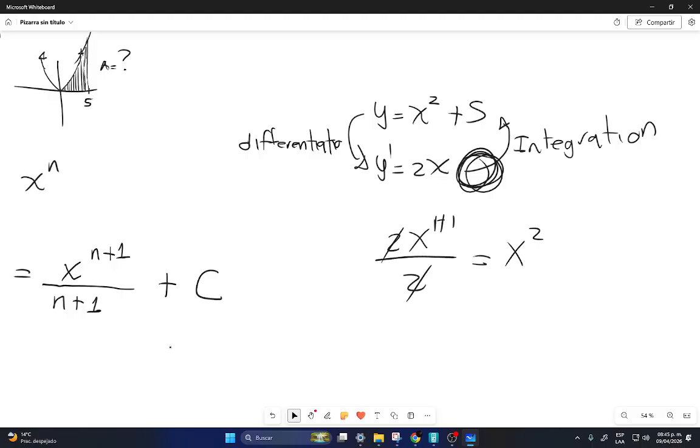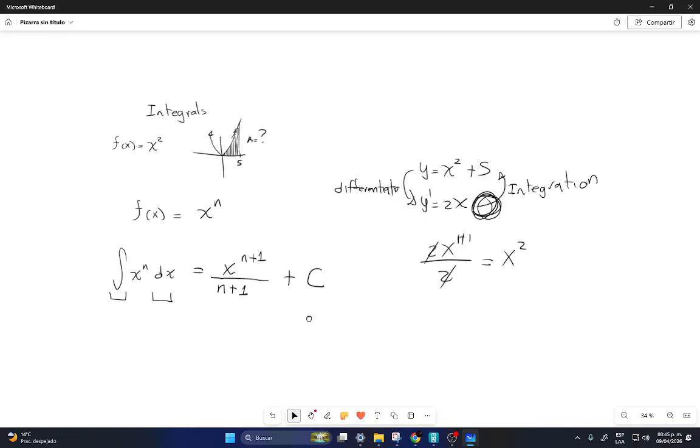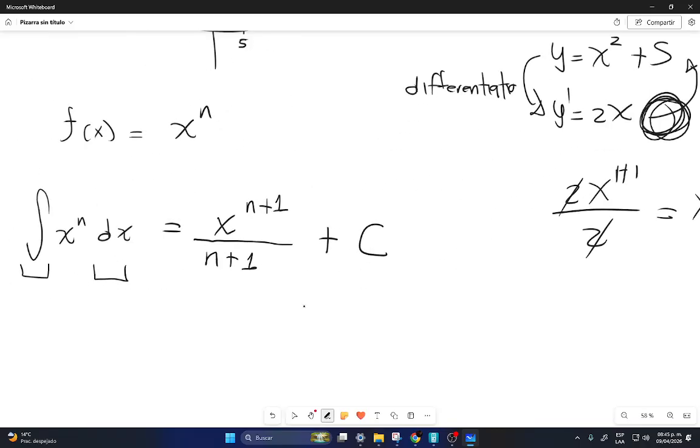We don't know if there was a 5, or if it was a 0, or if it was a negative number, or if it was pi. We can't know. So that's why when we integrate, we write the constant at the end, because that's a way to show that we are aware that there may be a number that we cannot fully determine. Okay, so don't forget about that.